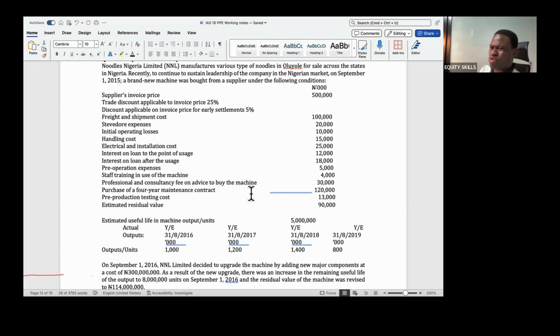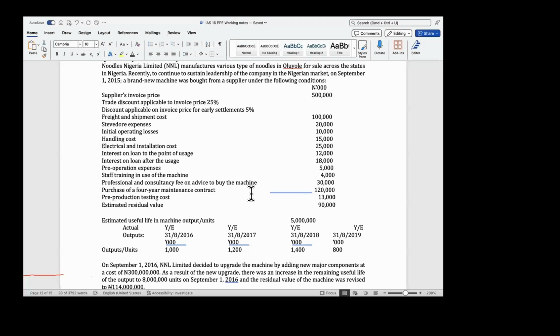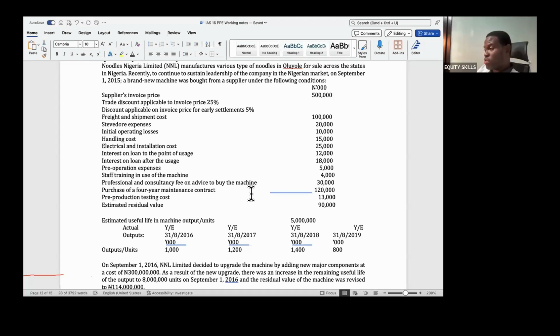But in this scenario, we don't even know how much it cost separately. So there's a lot to it really, which you are going to learn for an asset like this. Because a reasonable person will say you're overvaluing the cost, because the existing cost includes the cost of the engine. You now put another one, you're adding that again.